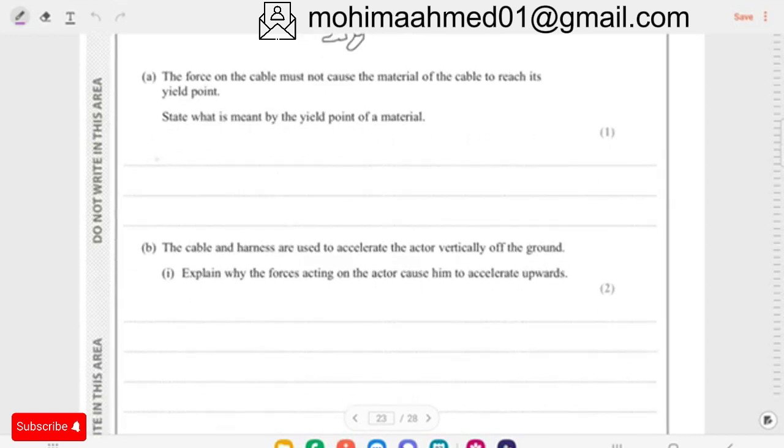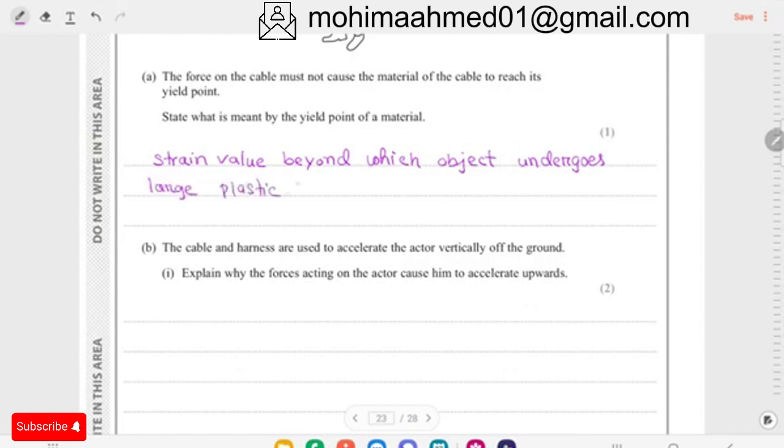So we can write: strain value beyond which the object undergoes large plastic deformation.